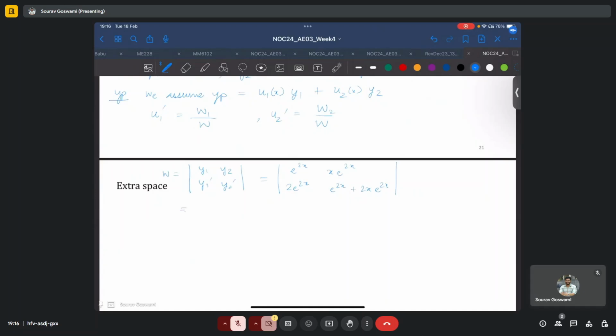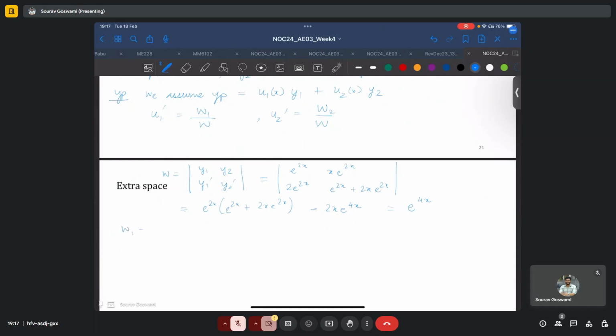If we solve this, it comes out to be e power 2x times (e power 2x plus 2x e power 2x) minus 2x e power 4x, which is e power 4x plus 2x e power 4x minus 2x e power 4x. So this is simply e power 4x.